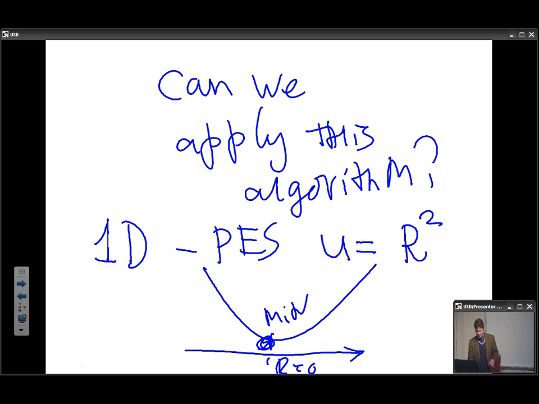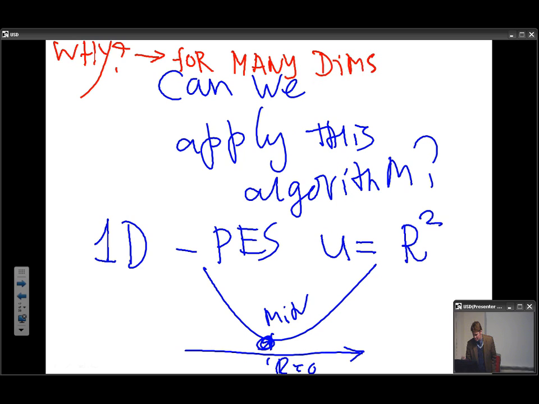So we are just testing it on the simplest example. A little motivation: why are we doing this strange task? Since for many dimensions, nothing else works.